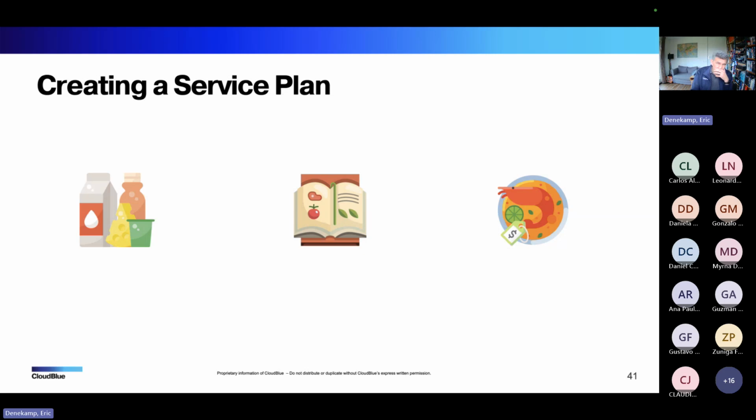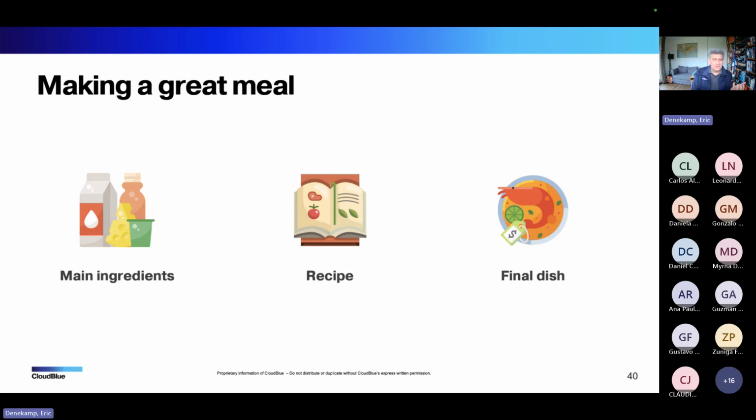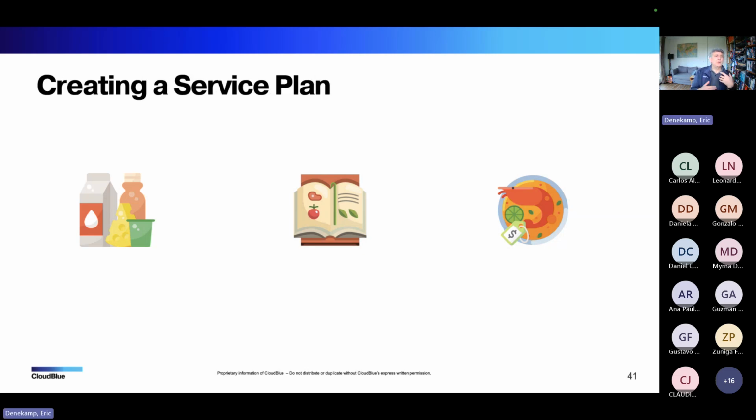And using those analogies, we're going to now create what we call a service plan. A service plan is an object that we sell through the platform. So how are we using those analogies? What are those ingredients? We call them resources. Resources or resource types. We've got a recipe. We call it a service template.